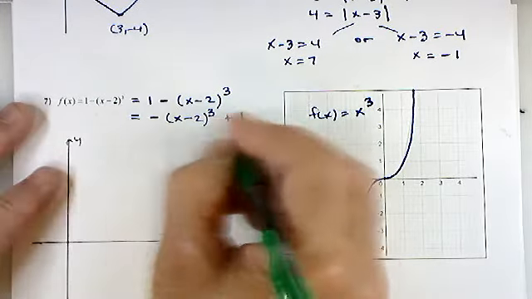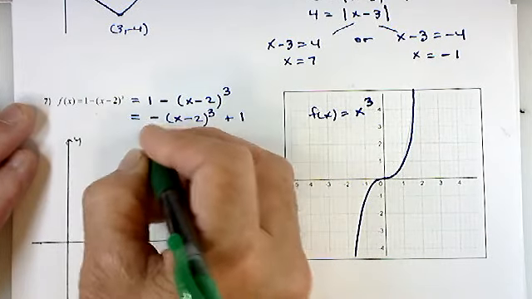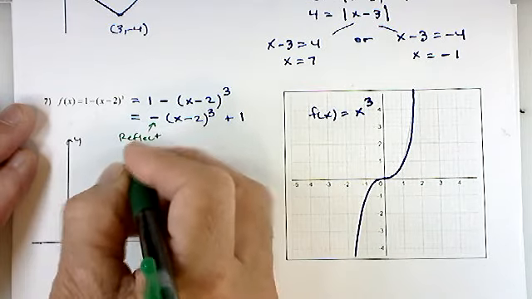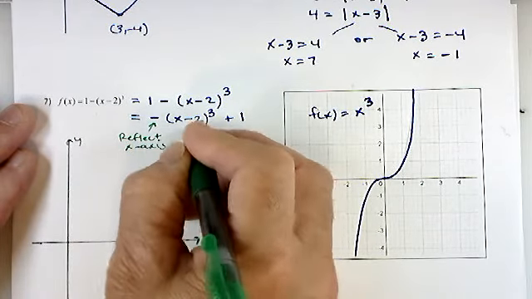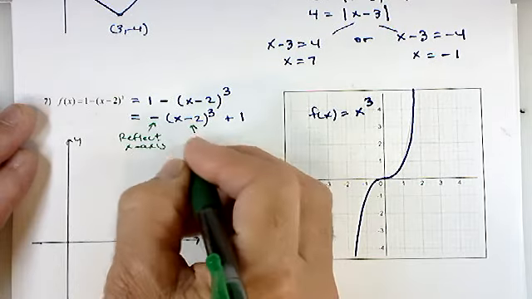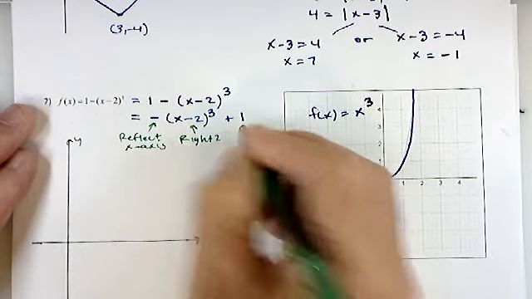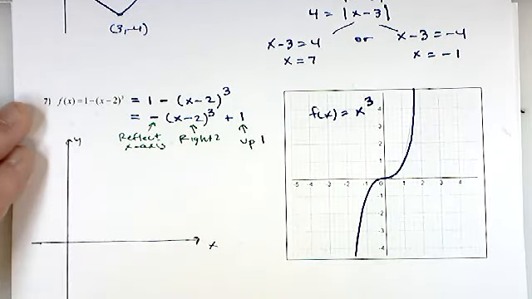So we can see there's a lot going on here. This negative is outside my function, so that's going to reflect about the x-axis. The minus 2 inside with my cubed is going to move my graph right 2, and the plus 1 at the very end is going to move my graph up 1.